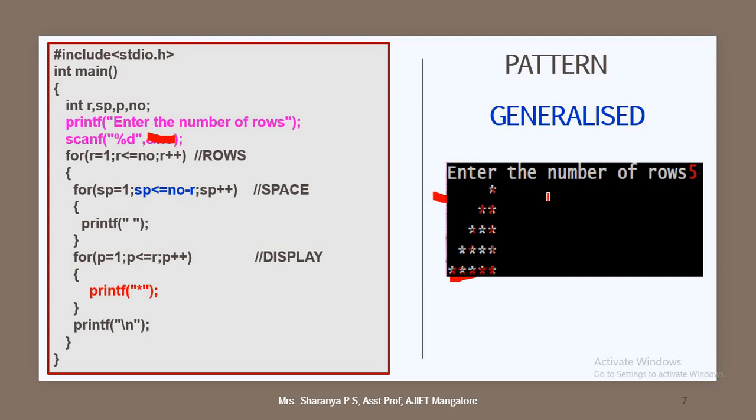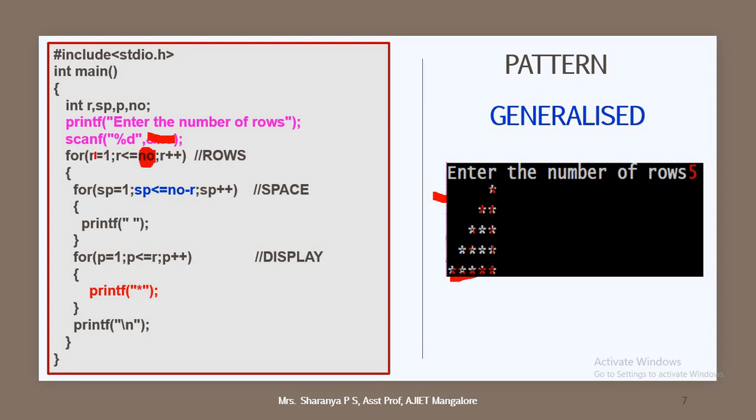In the previous pattern that we discussed, we were mentioning this condition depending on the number of rows we want to display. Now we will be taking that number of rows from the user. That's why, instead of mentioning a fixed number, we will specify the variable name. So it will keep changing depending on the user given input.